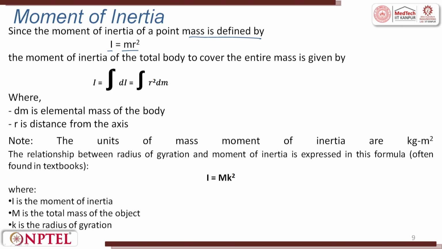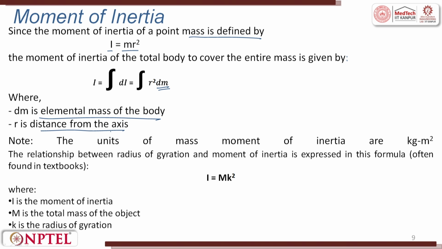The moment of inertia of the total body to cover the entire mass is given by I is equal to integral of r square dm, where dm is elemental mass of the body and r is the distance from the axis.